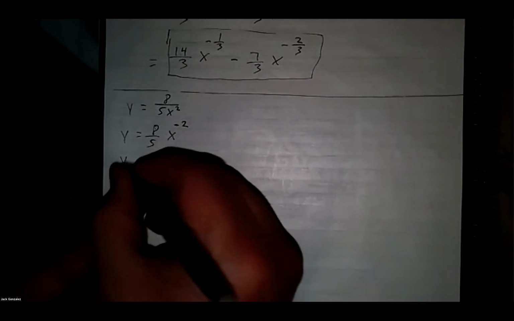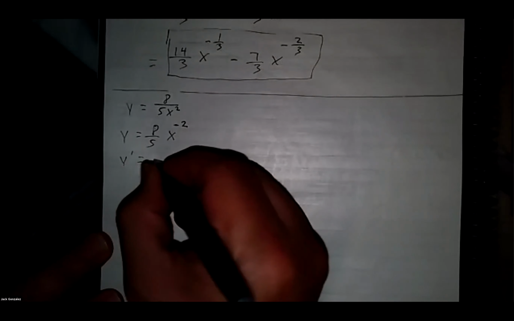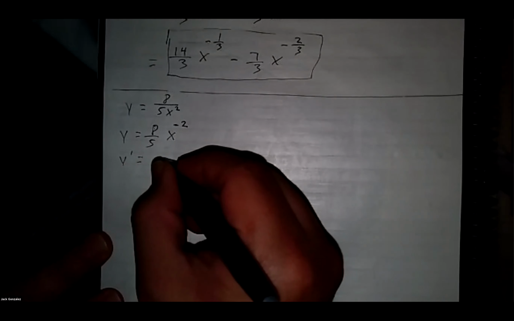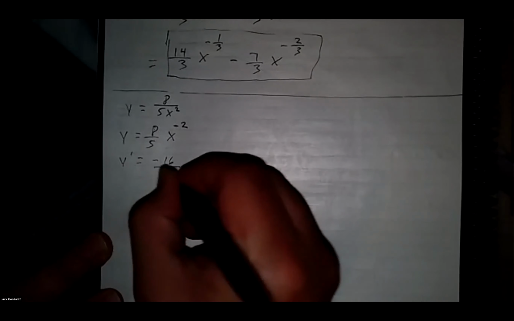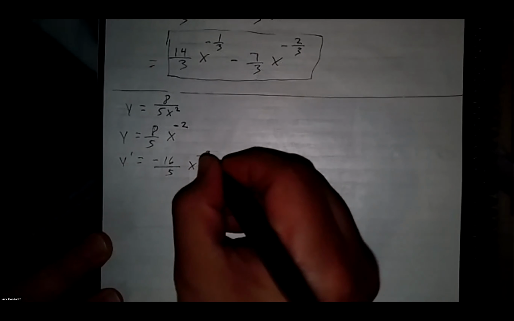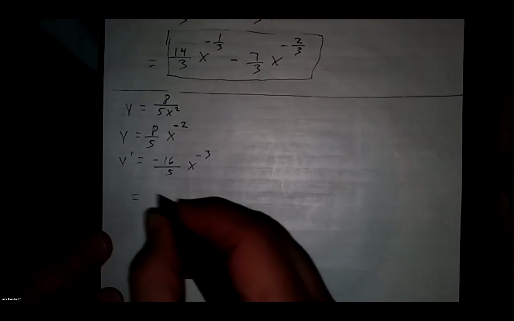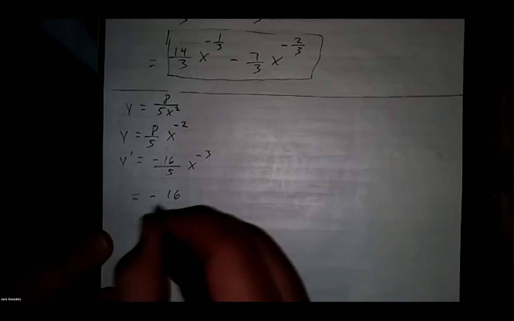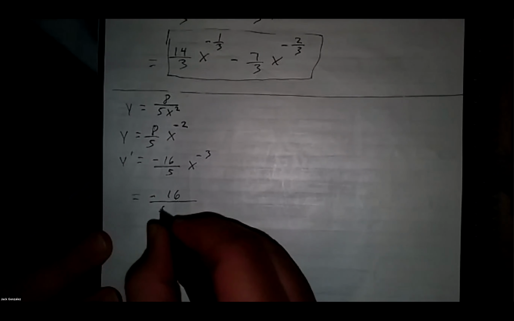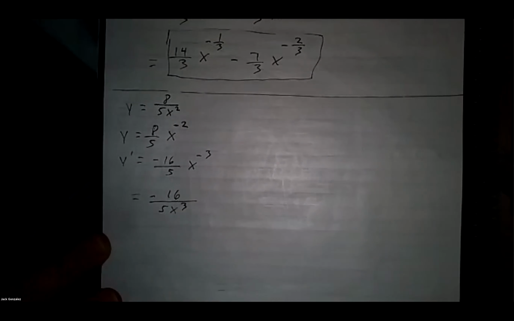So the derivative will be negative 16 over 5 times x to the negative 3. Final answer being negative 16 over 5x cubed.